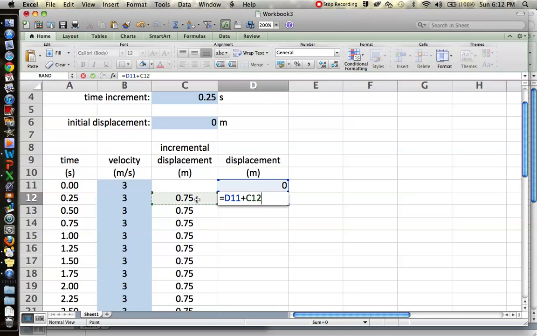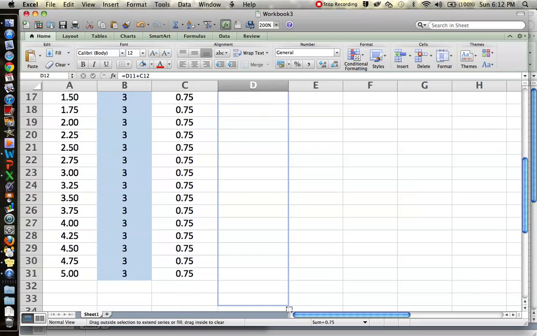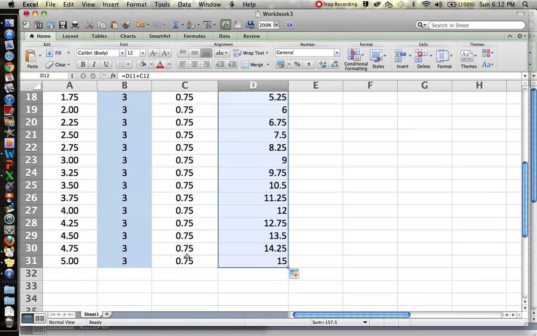So it's that one. And enter. No need for dollar signs this time, it's going to fill down nicely and just accumulate as it goes. So by the time we end up at 5 seconds at 3 meters per second, we have gone 15 meters.